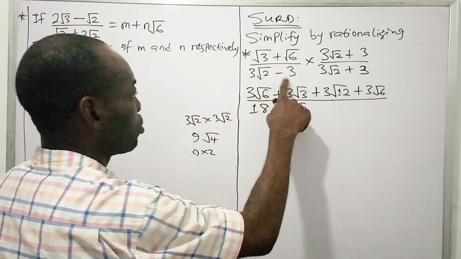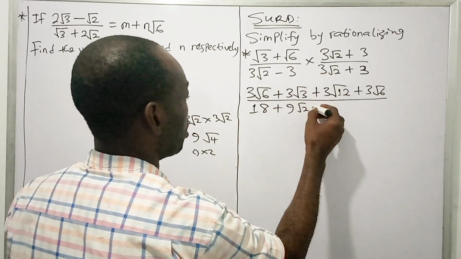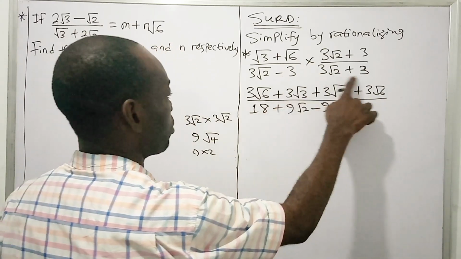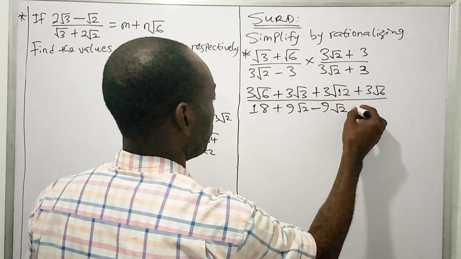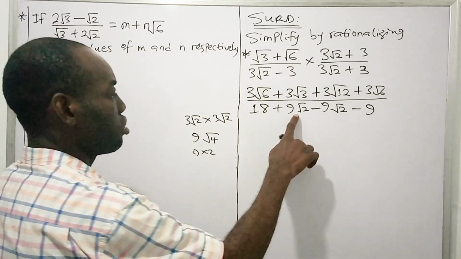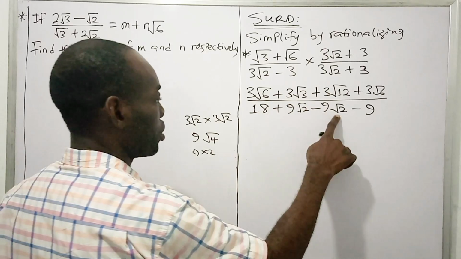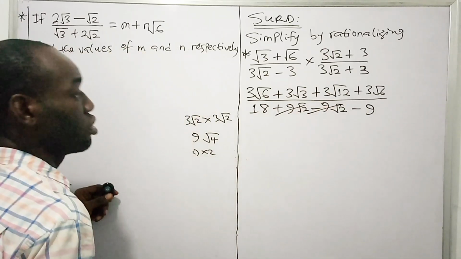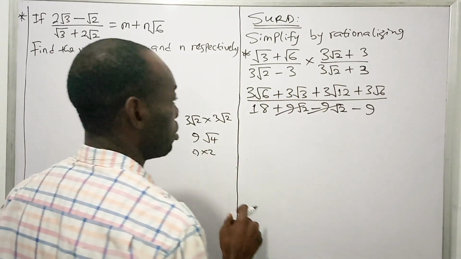Then minus 3 times 3 root 2 will give us negative 9 root 2. Then minus 3 times plus 3 will give us negative 9. Now the denominator, 9 root 2 with the positive sign, and 9 root 2 with the negative sign, both of them will give us 0. So both of them are out of the question.